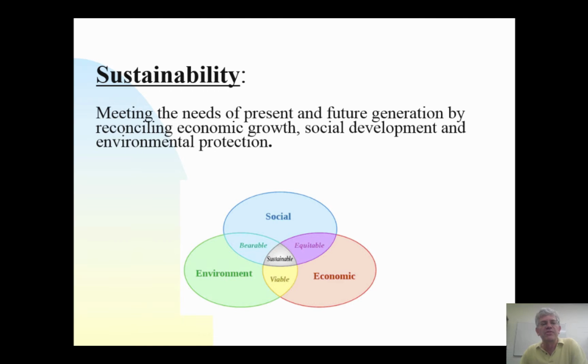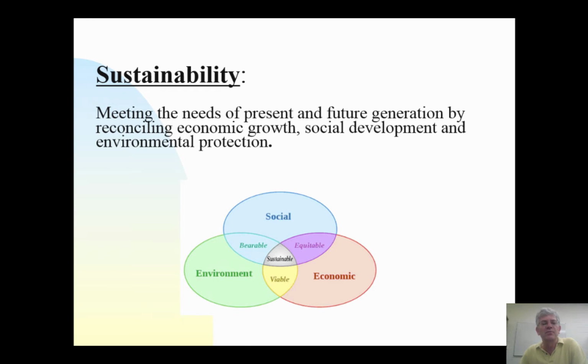So a little review of what we mean by sustainability. There are various definitions, and people sometimes think it's all about the environment. But here, let's say sustainability is meeting the needs of present and future generations by reconciling economic growth, social development, and environmental protection.